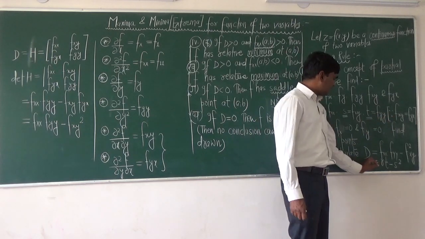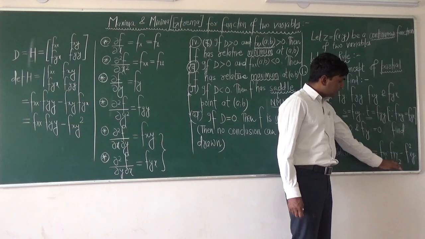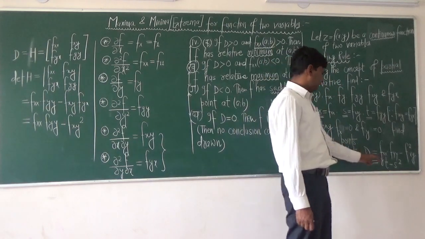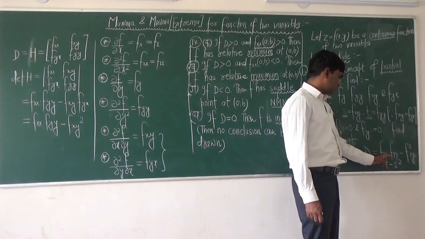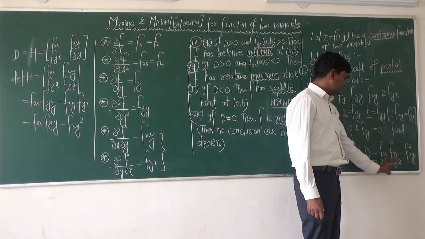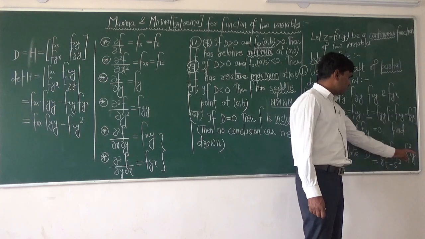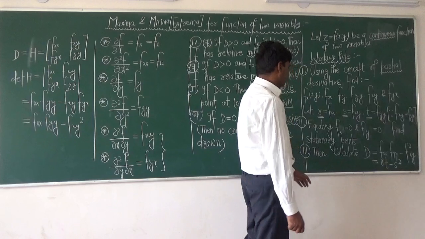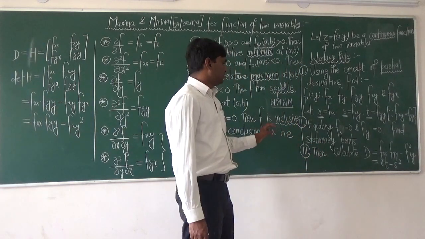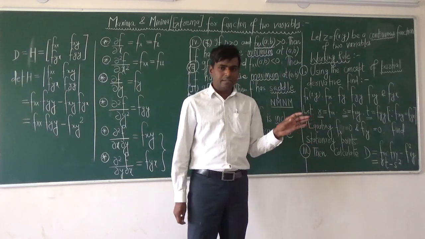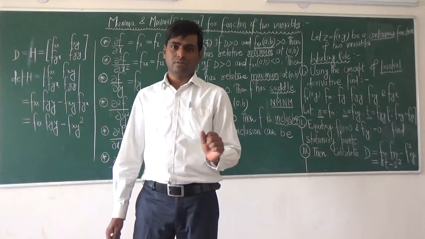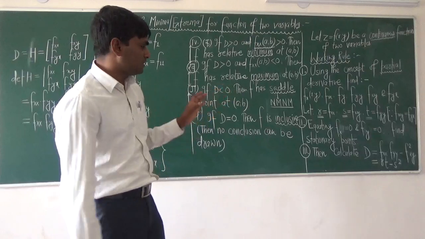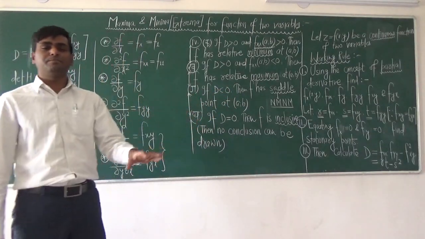Then the discriminant turns into rt minus s square. It means in the third step we have to calculate the discriminant at the stationary points.